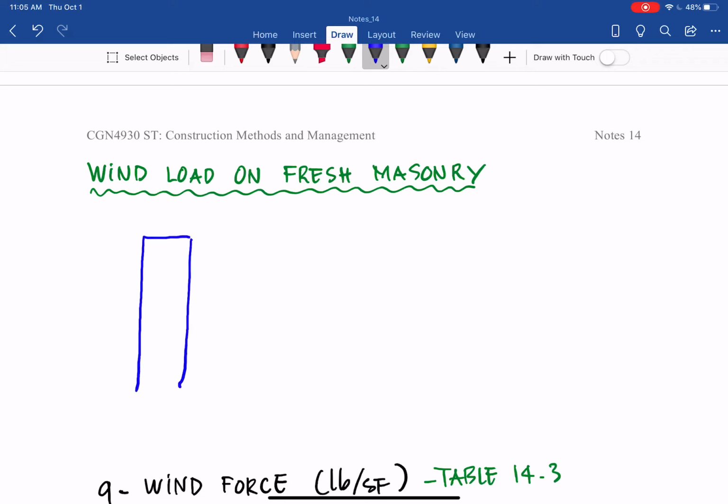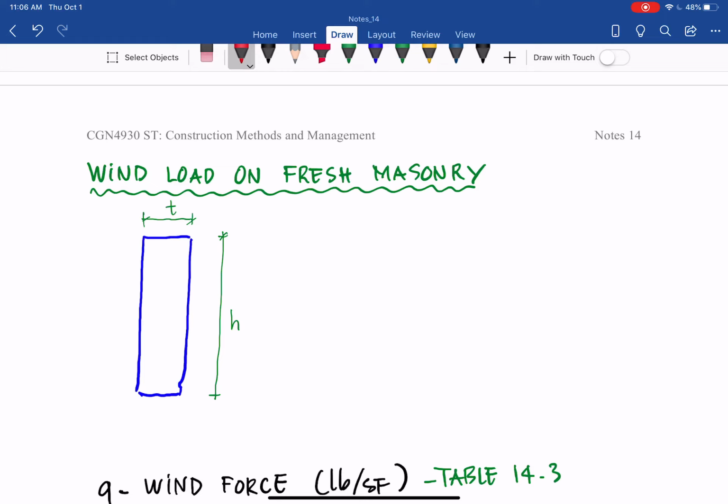So let's consider one cross section of the fresh wall. You see the wall. Let the height of the wall be h, and the thickness be t, and of course we talk about the wind load.